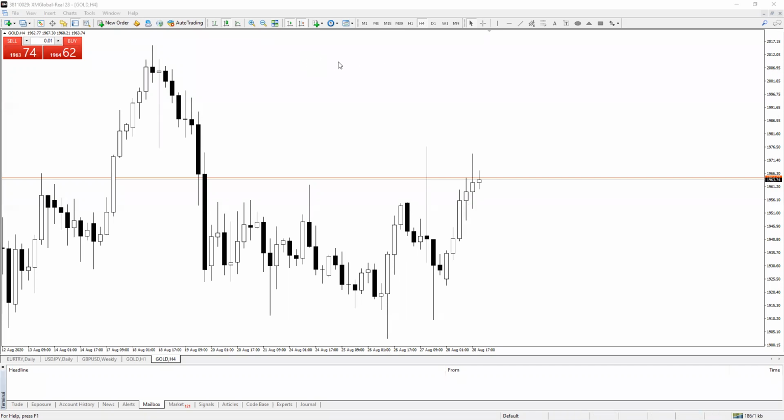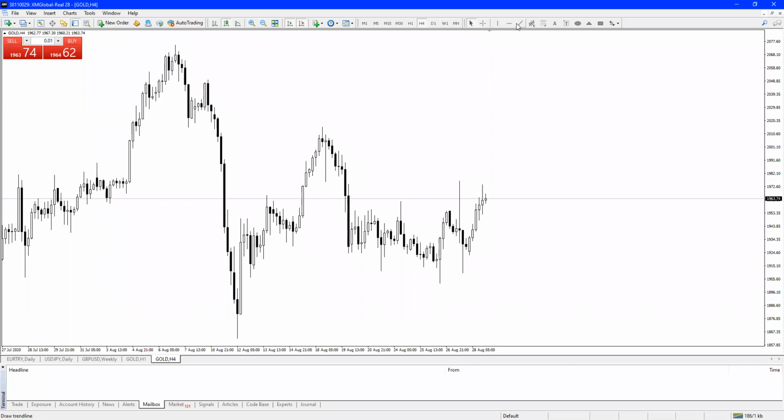So if you look at the wicks from the low over here, you could see something like this. Let me zoom out a little bit. Let me use this tool. All right, so take our trend line, stretch it in.